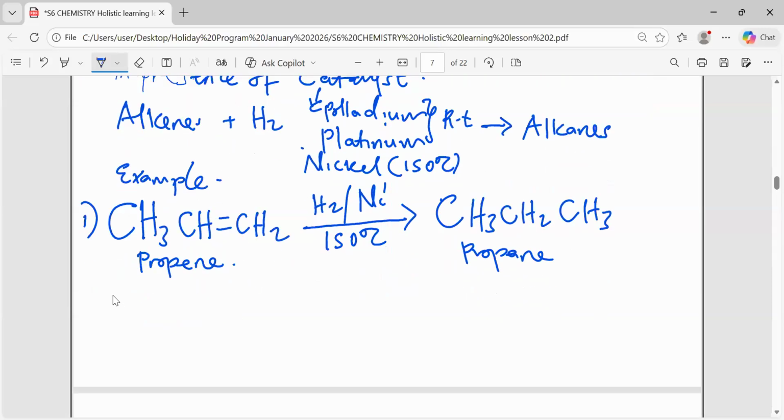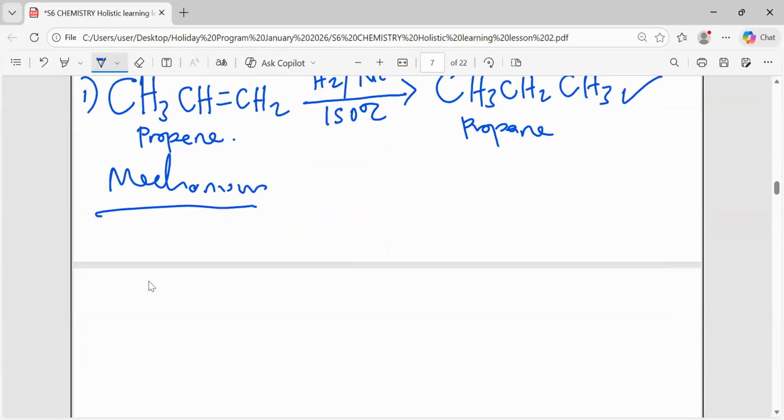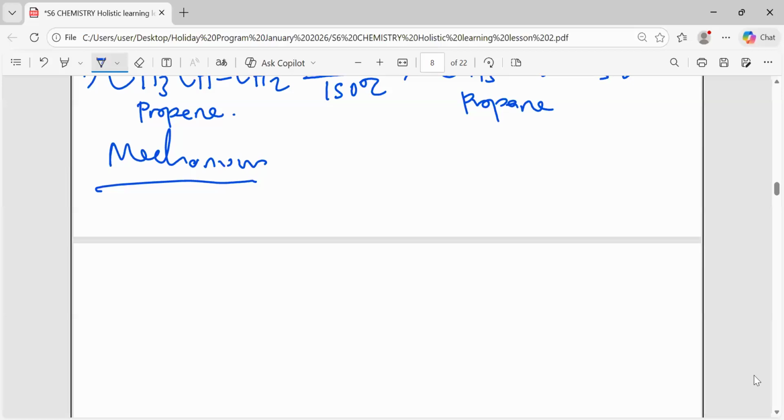Can you tell us the mechanism? Can you take us through the mechanism of how this one comes about? Ruth? The mechanism. Let me see. I hope I don't mess up.